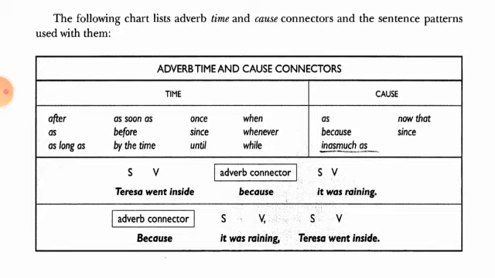Let's now take a look at this chart, which includes a number of connectors. Some of them are adverb time connectors, such as after, as long as, as soon as, before, by the time, once, since, until, when, whenever, and while.